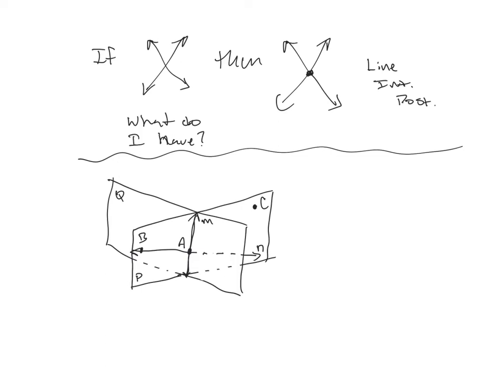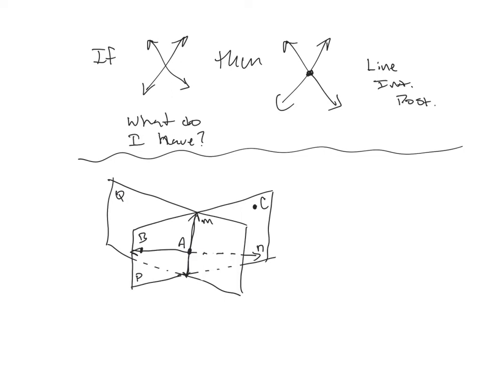So the directions will say, use the diagram to write examples, and then it's going to tell you which postulate to use, the plane point postulate. And so it just wants you to be specific.